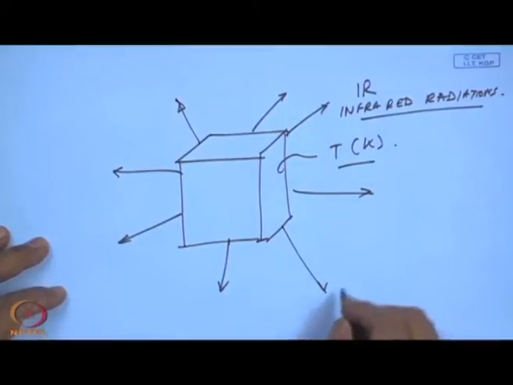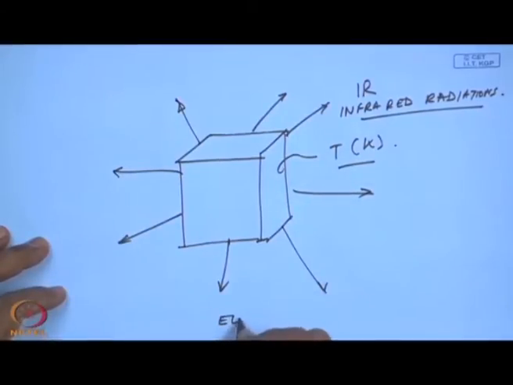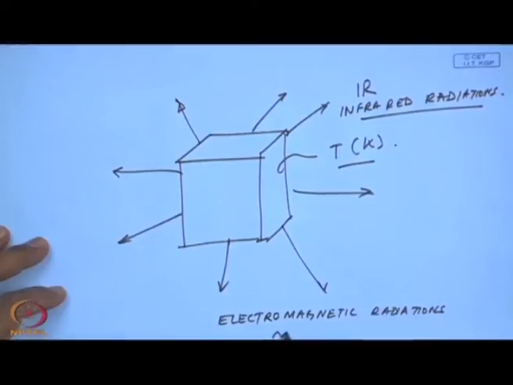Basically, these infrared radiations are electromagnetic radiations, and they travel at the speed of light.